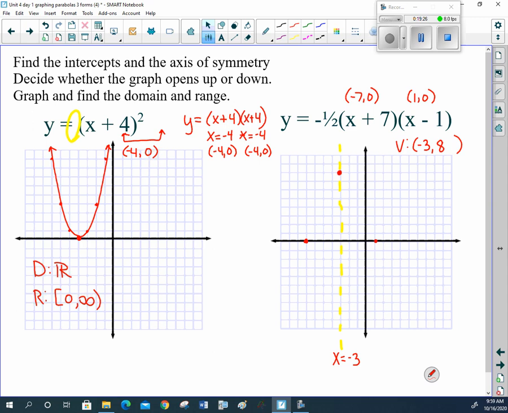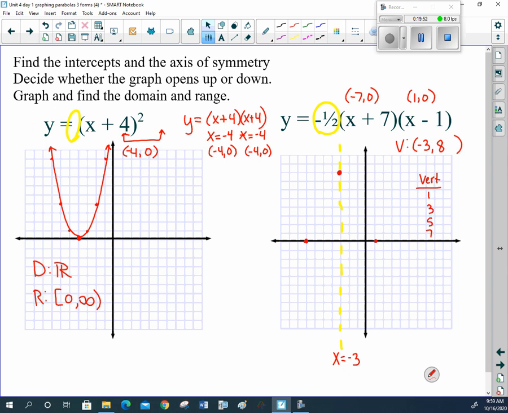All right, and looking at the A out in front, I can see that it's negative and it's a half. So my vertical pattern is going to change. My vertical pattern is always 1, 3, 5, 7.